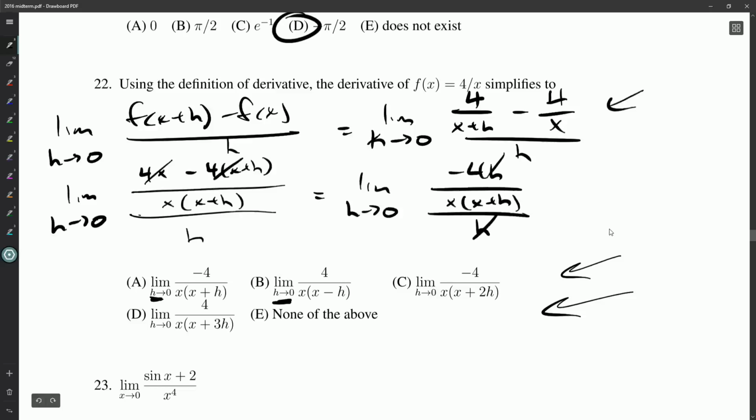Now this h and this h will cancel out, and it'll look like minus 4 over x times x plus h. And that looks a little more like our answers. That's going to be A.